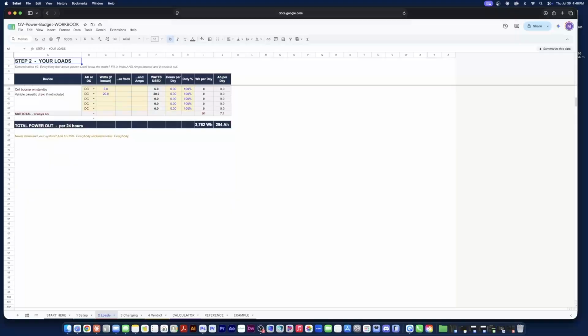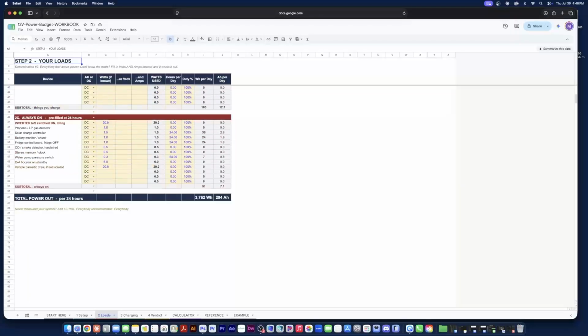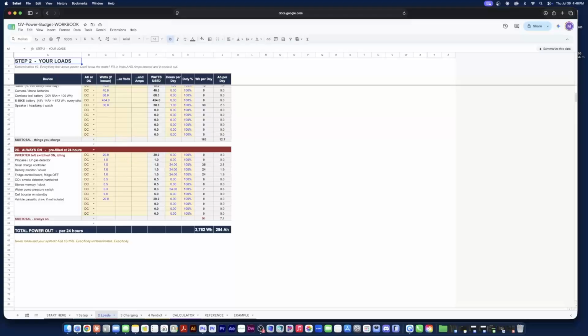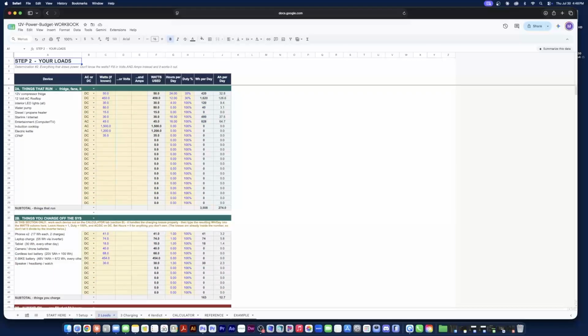So it counts for a little bit. And it gives you a total usage of your particular situation of watt hours and amp hours per day of what you're going to use. And then that gives you a good idea of your total draw, your total usage.